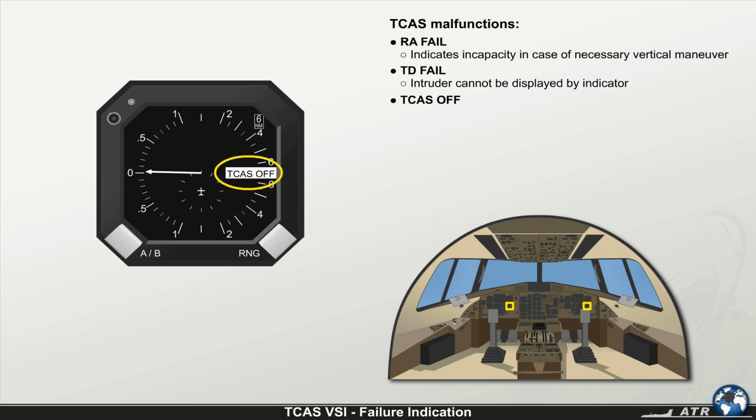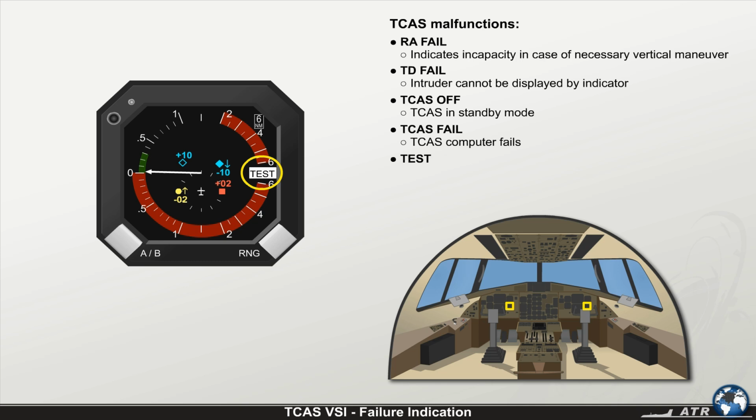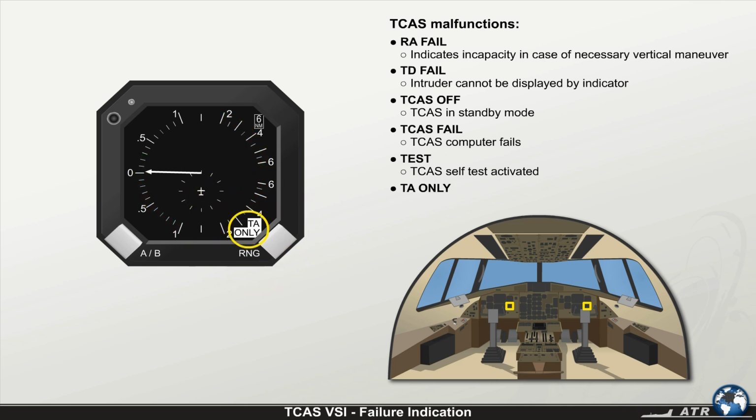The TCAS off flag indicates that the TCAS is in standby mode. The TCAS fail flag appears if the TCAS computer fails and the test flag is displayed once the TCAS self-test is activated. TA only is displayed when the TCAS control box selector is set to the TA only position.